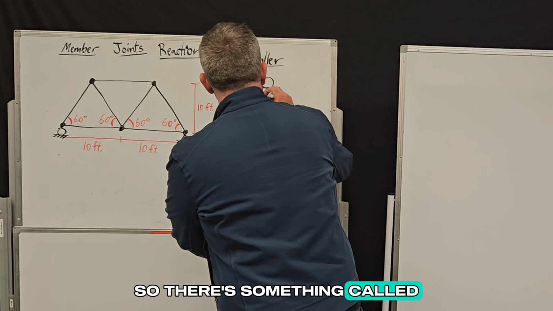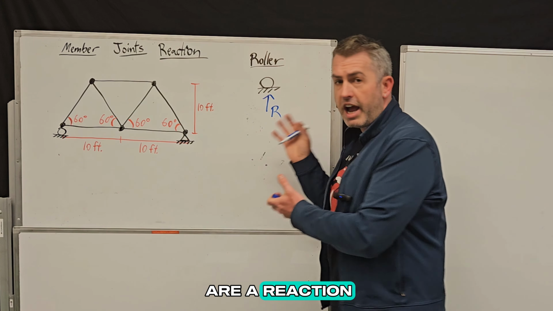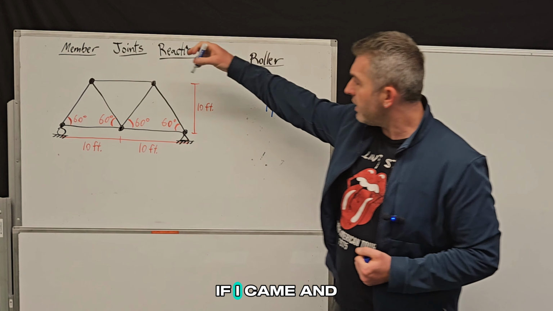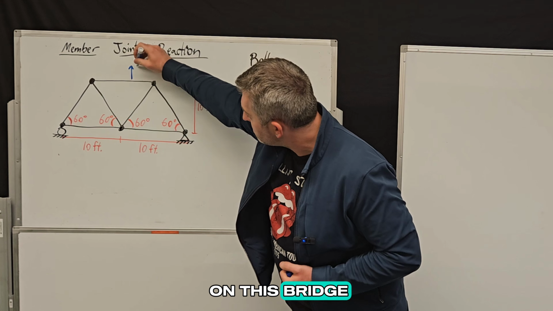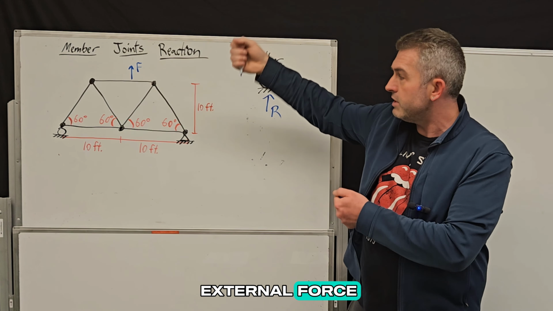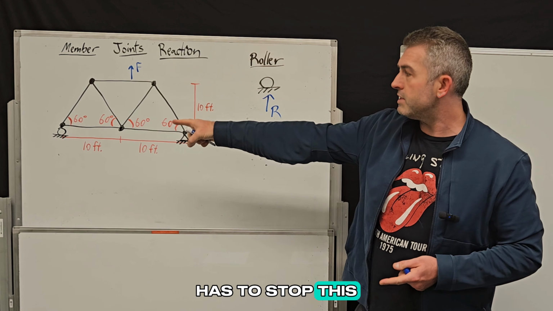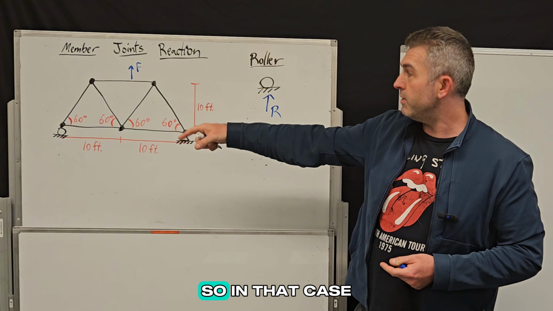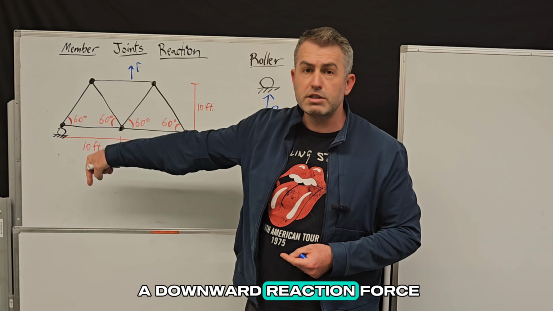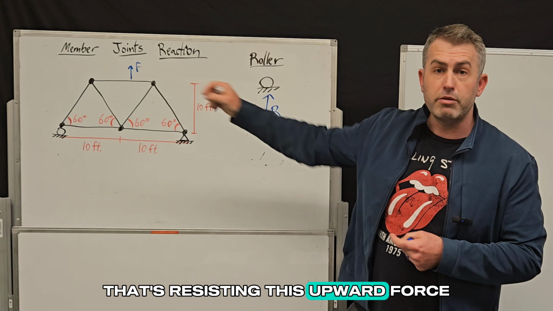So there's something called R, a reaction, which means that if I came and I started pulling up on this bridge with some external force, something has to stop this roller from moving up and down, right? So in that case, there would actually be a downward reaction force that's resisting this upward force.